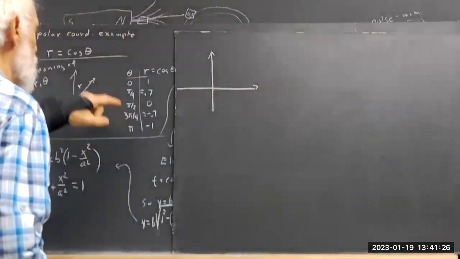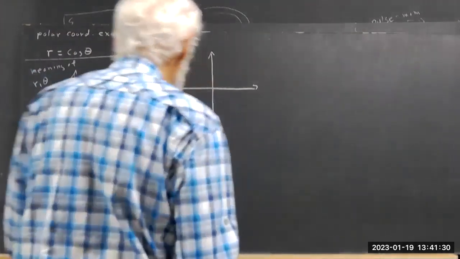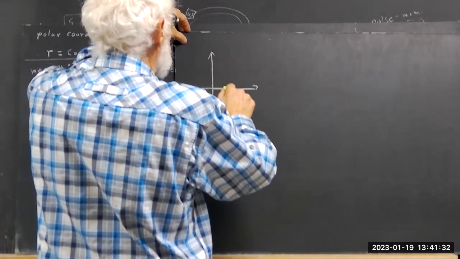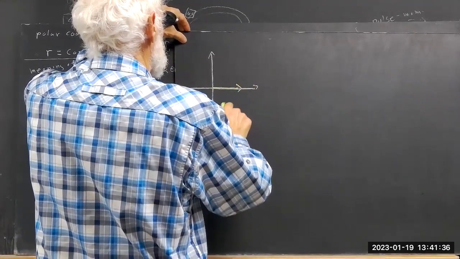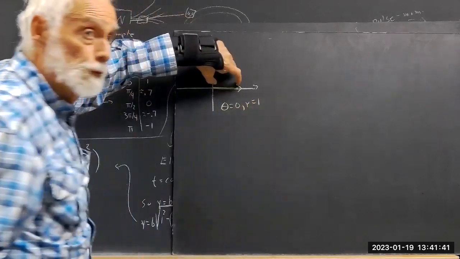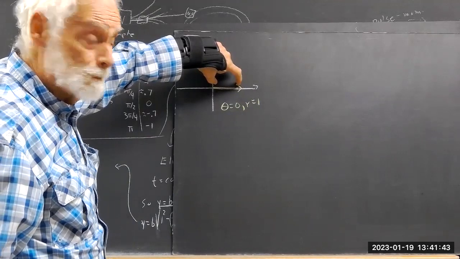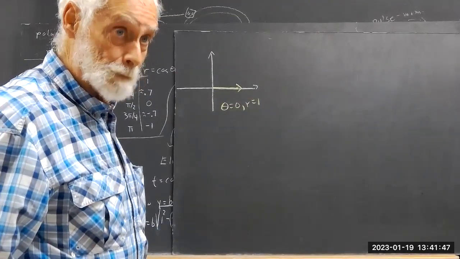Theta equals 0, R equals 1. The length of this vector is 1. The angle it makes with the positive x-axis is 0.